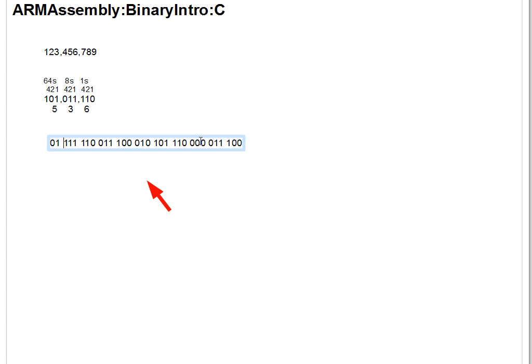And what we should come up with then is 1, 7, 6, 3, 4, 2, 5, 6, 0, 3, and 4.